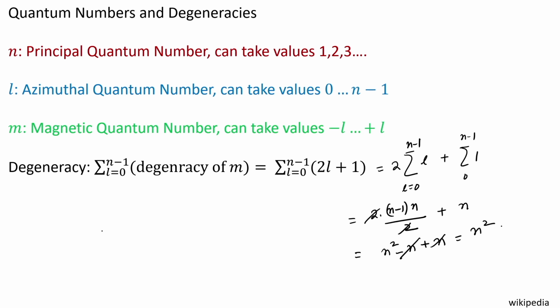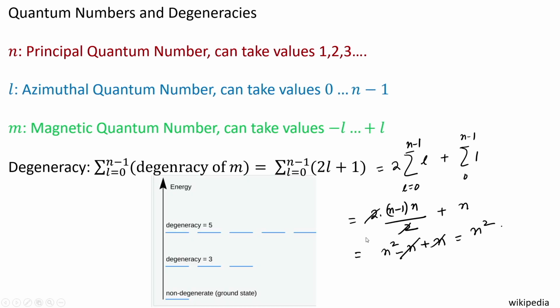Then as you go to larger values of n, the degeneracies increase as n squared.